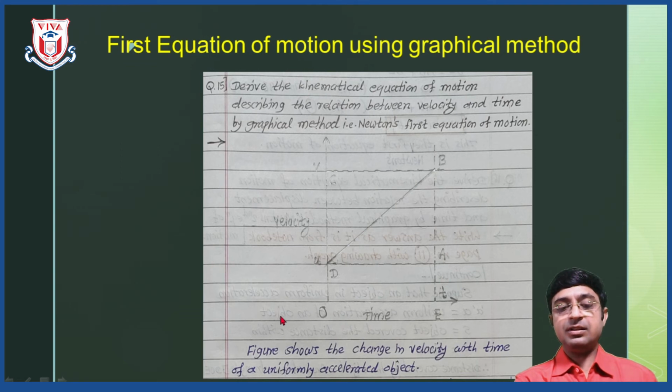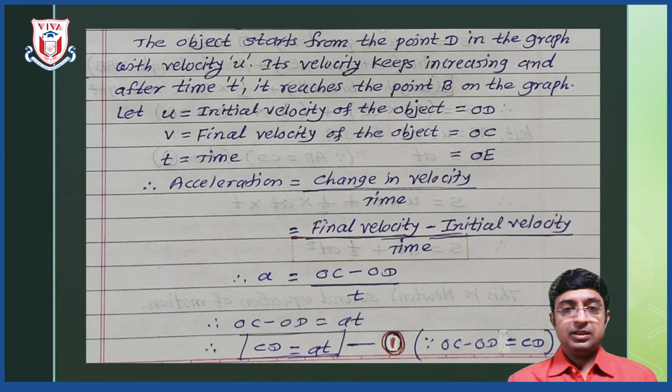Now this figure shows the change in velocity with time of a uniformly accelerated motion. The object starts from point D in the graph with initial velocity u. Its velocity keeps increasing and after time t it reaches point B on the graph. Now see the meanings of the symbols.